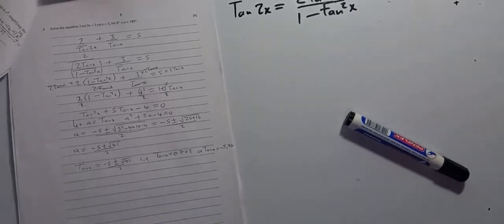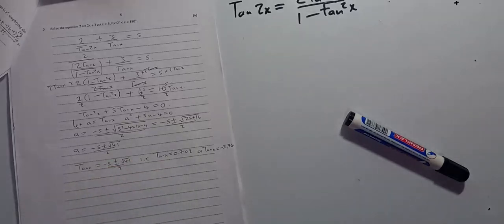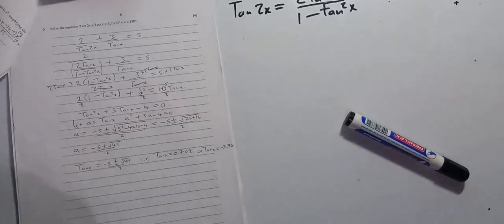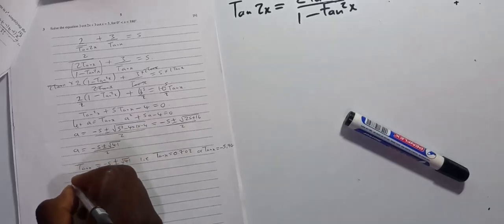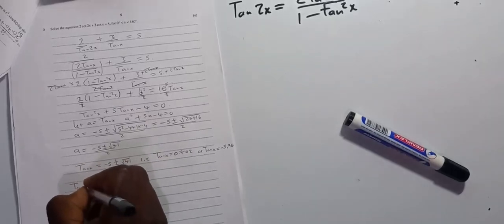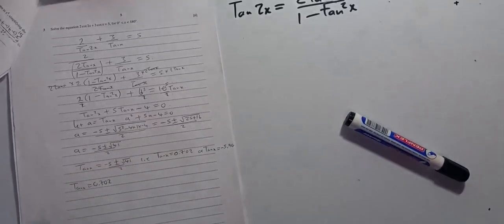Okay, so after doing this, now we are going to find all the solutions in the interval 0 less than x less than 180. So we take the first one. We're going to look at tan x equals 0.702, and look for solutions for that one.